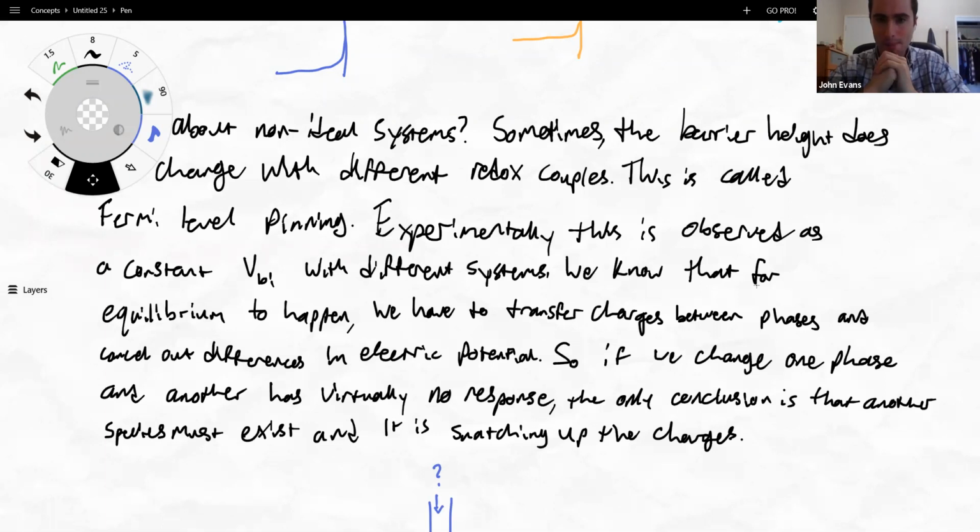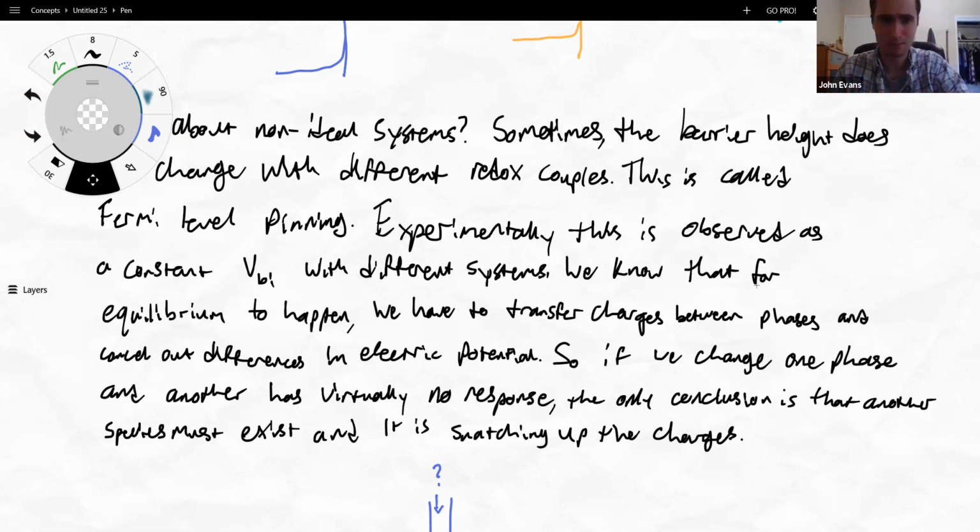So what's happening here is that it seems like there's another species that exists here that is able to transfer charges. It seems like there's something in between our semiconductor and our liquid that is able to move charges around and is able to sort of buffer the charge, buffer the differences in potential between the two.